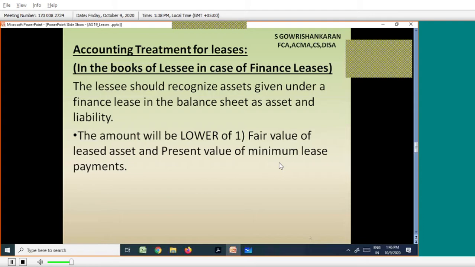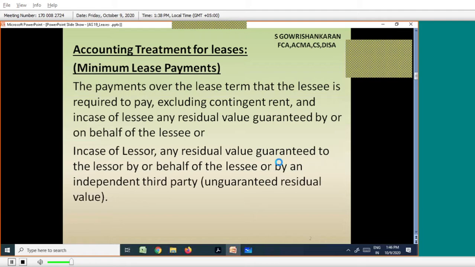Now we are going to discuss the books of lessor. So in the books of lessor, additionally we have to consider, refer to the second para, MLP which includes two things.